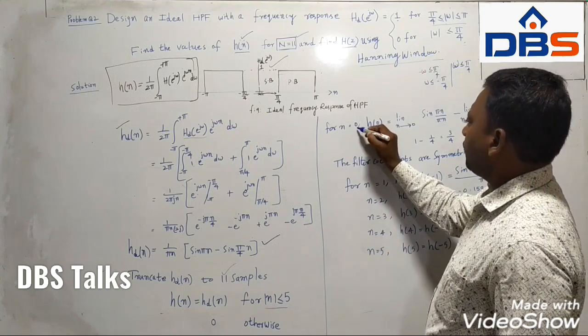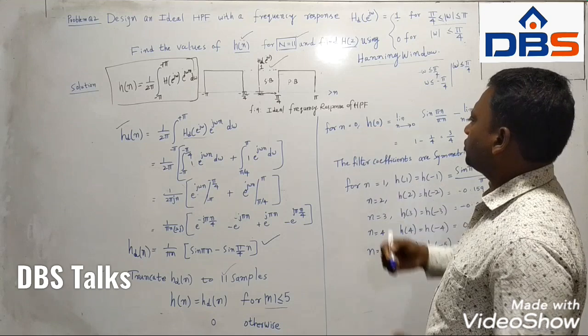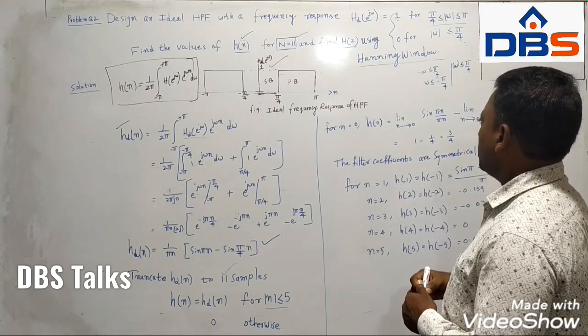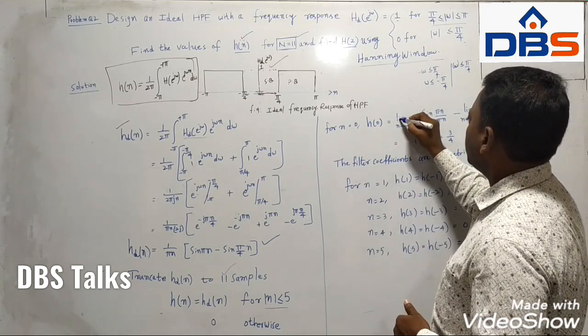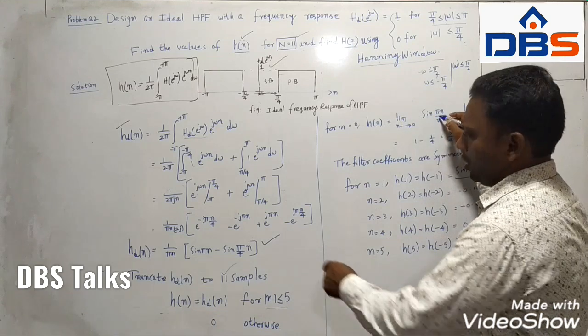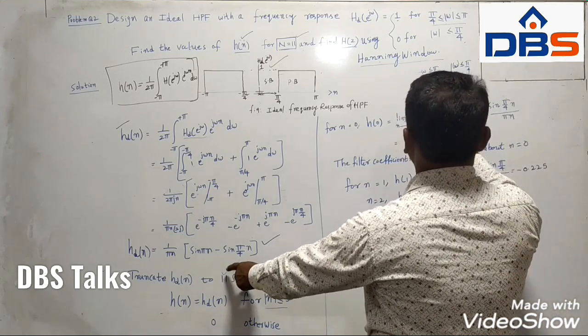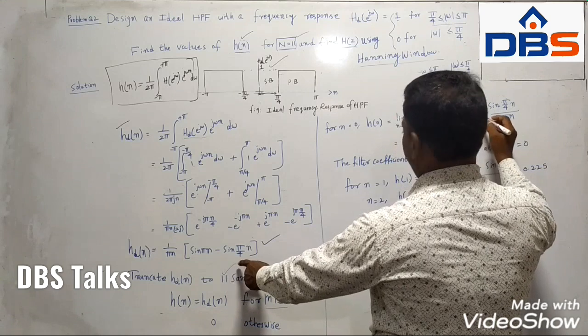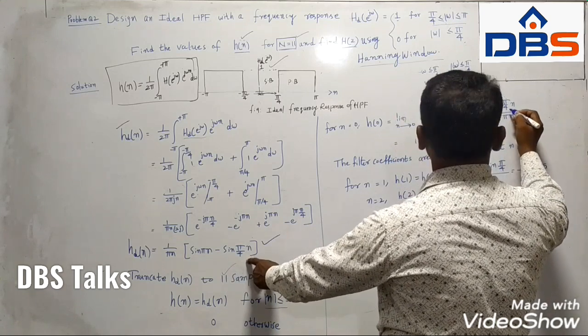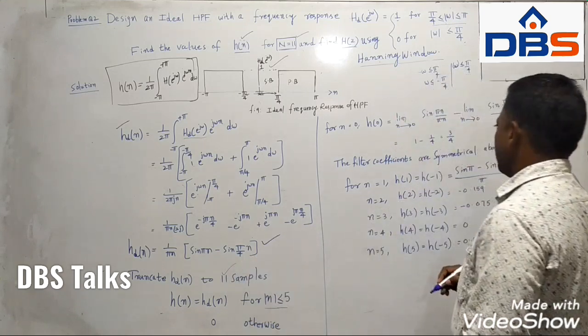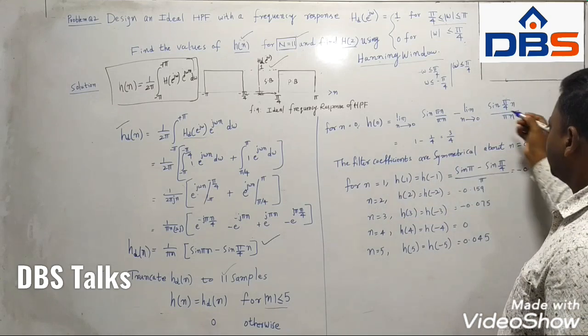Now we will find h of n over this range. Initially, for n equal to 0, h of 0 is the limit as n tends to 0 of sin pi n by pi n minus sin pi n by 4 by pi n. I have taken the pi n inside.